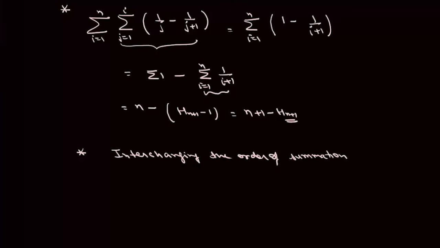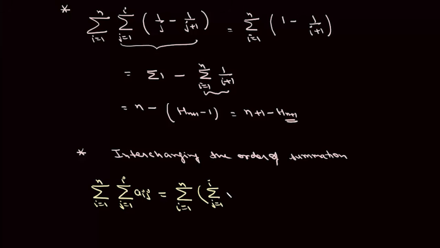So we know that the summation i varies from 1 to n, summation j varies from 1 to i, of aij, is basically a looped summation. So this is j varies from 1 to i of aij, and then this summation of i.